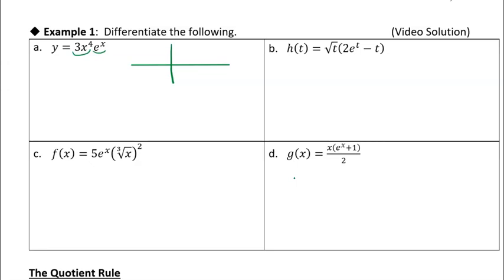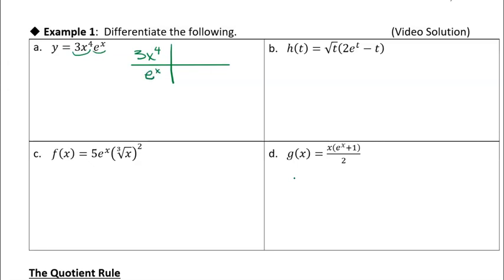So what she does is you could draw a box, or I'm just drawing kind of a crosshairs here. Up here I'm going to put the first function, 3x to the fourth, and below it I'm going to put e to the x.